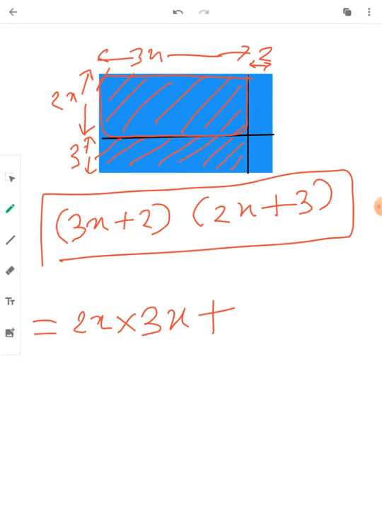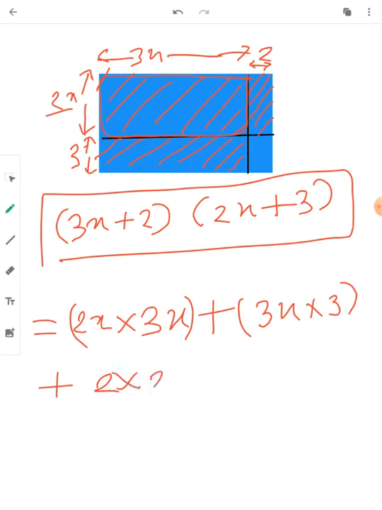That is equal to 3x times 3. Plus, what is the area of this part? That is equal to 2 times 2x. Plus, what is the area of this part? 2 times 3, right? This side and this side.